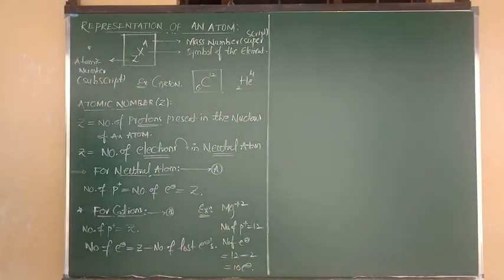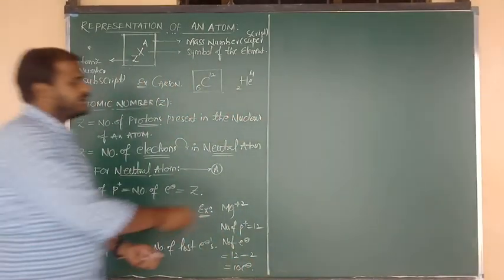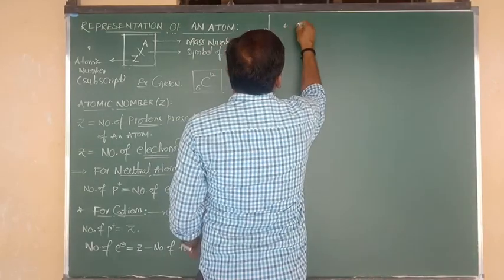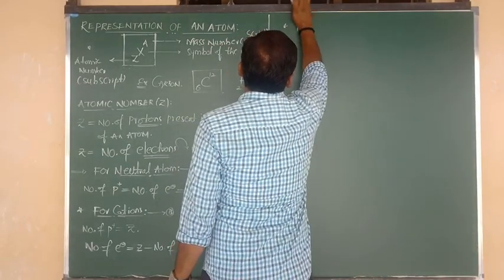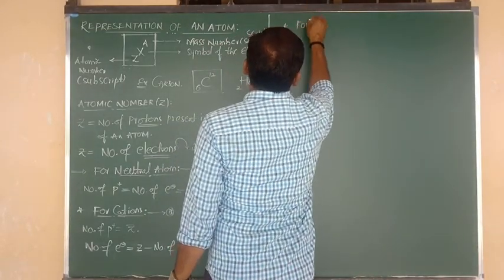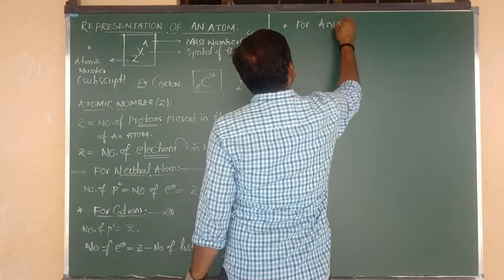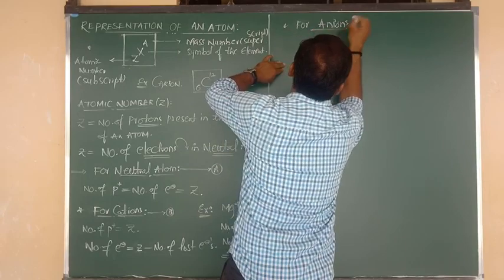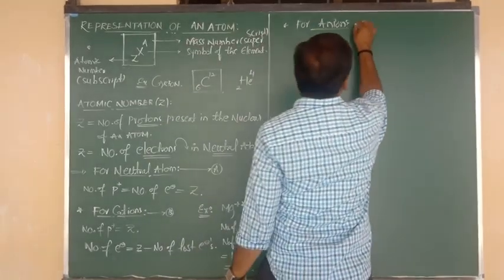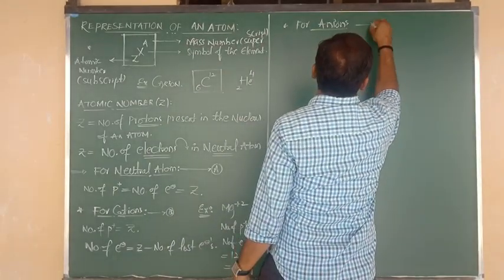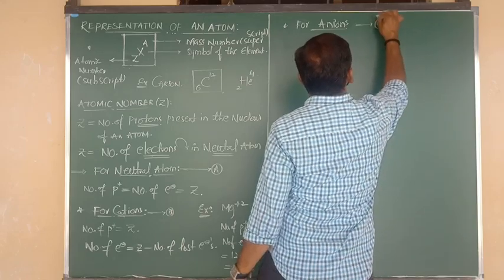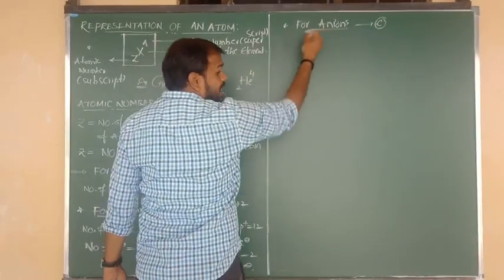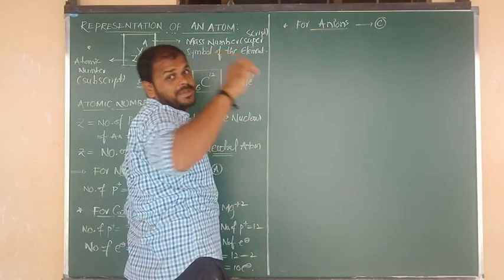Let me consider another case, case C. Suppose we have to consider anions. For anions, how to calculate the electrons and protons? Anions are nothing but negatively charged species.